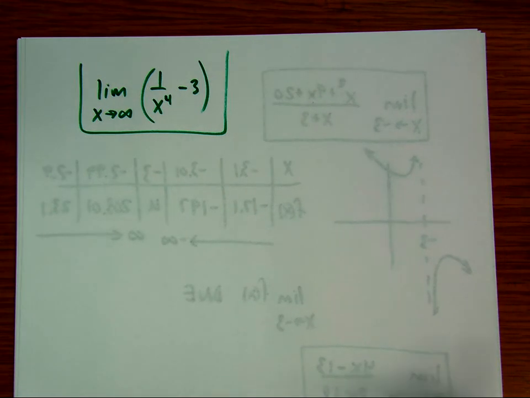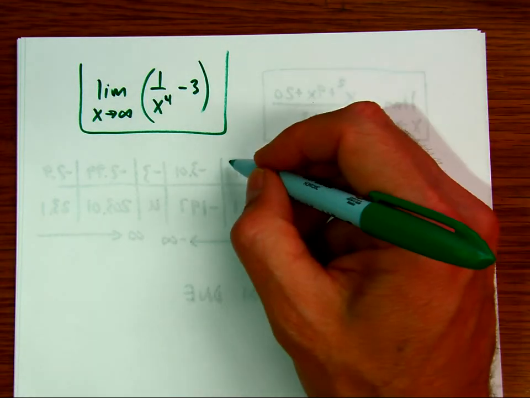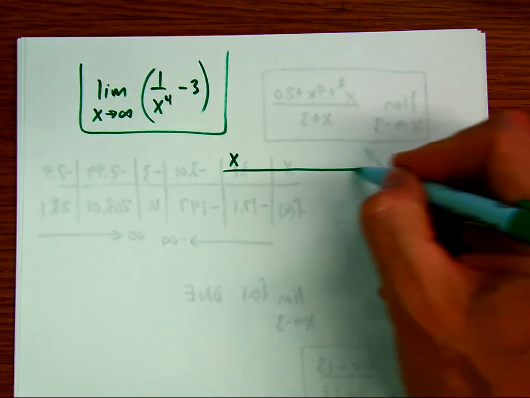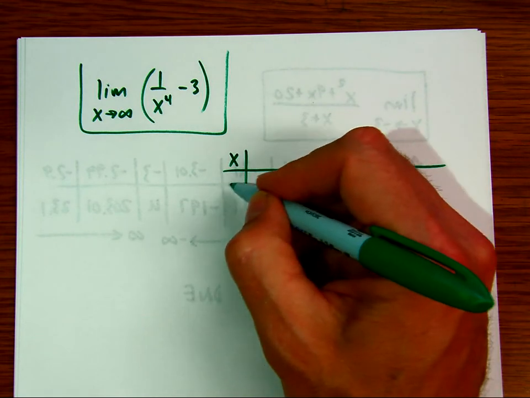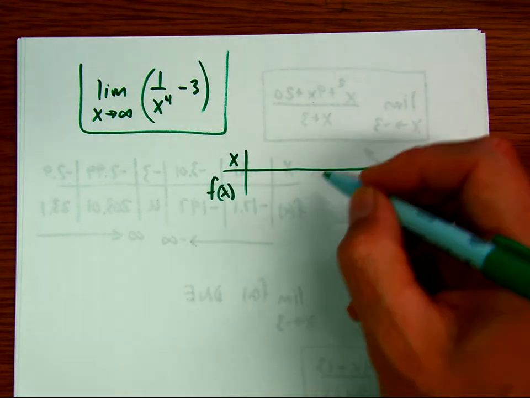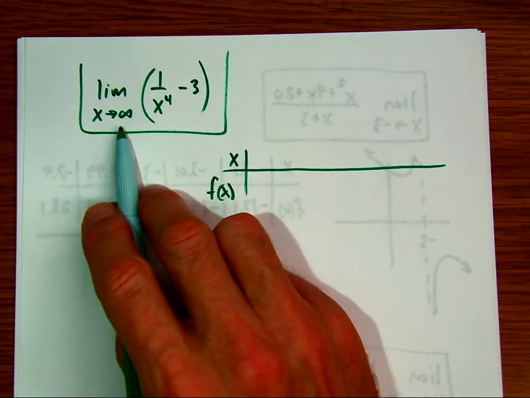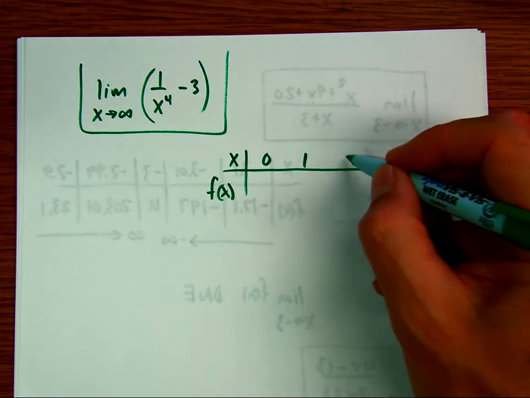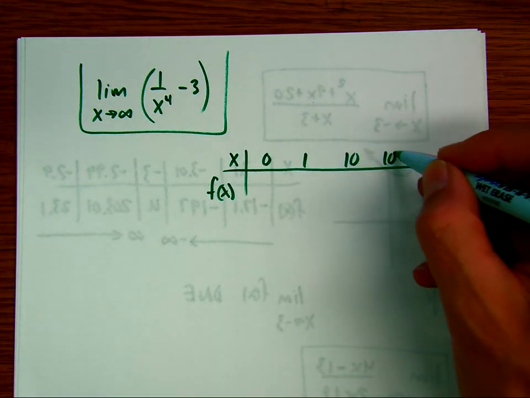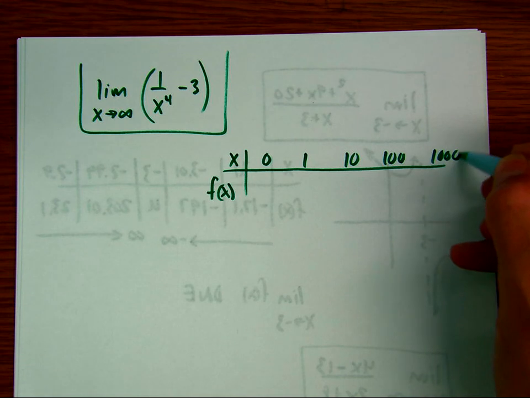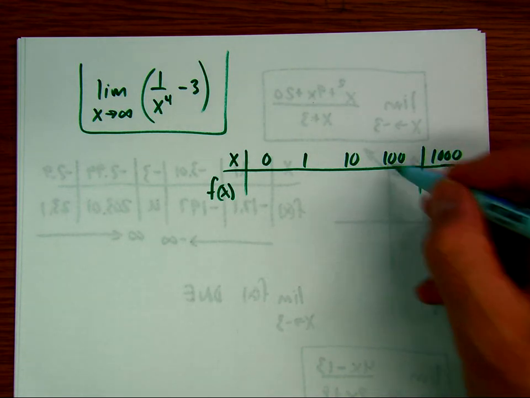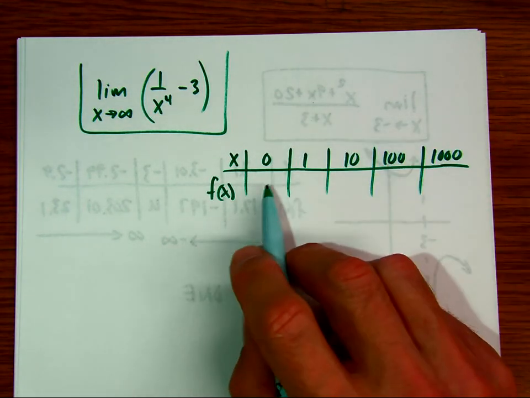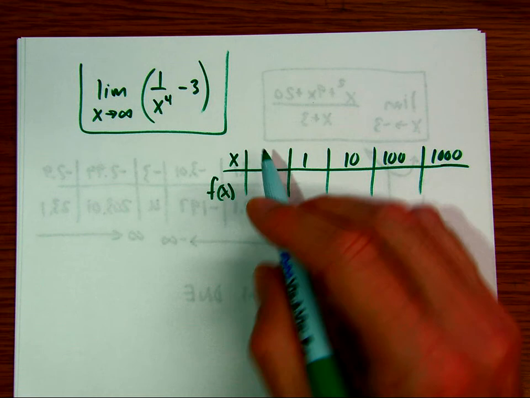All right. Pause the video and try that one. X is going to +infinity, so we will choose numbers that are getting larger to the right. And when we substitute 0, it's undefined.